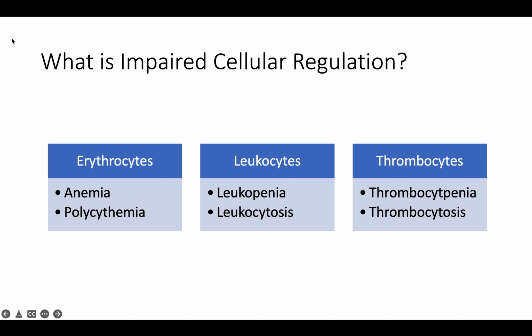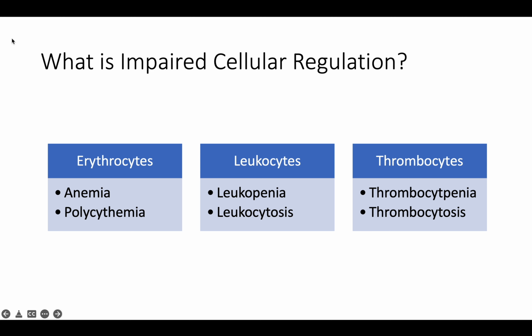So for leukopenia, they are neutropenic or immunodeficient. For leukocytosis, there may be an infection that's going on, or it may be a false elevation due to producing too many immature white blood cells.